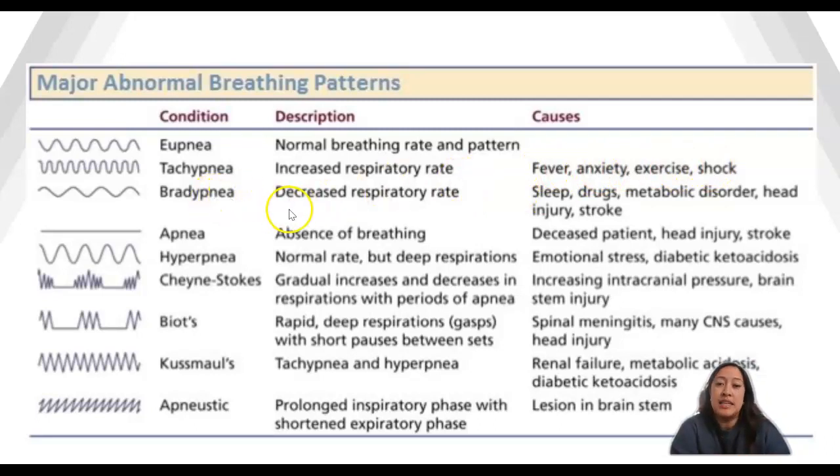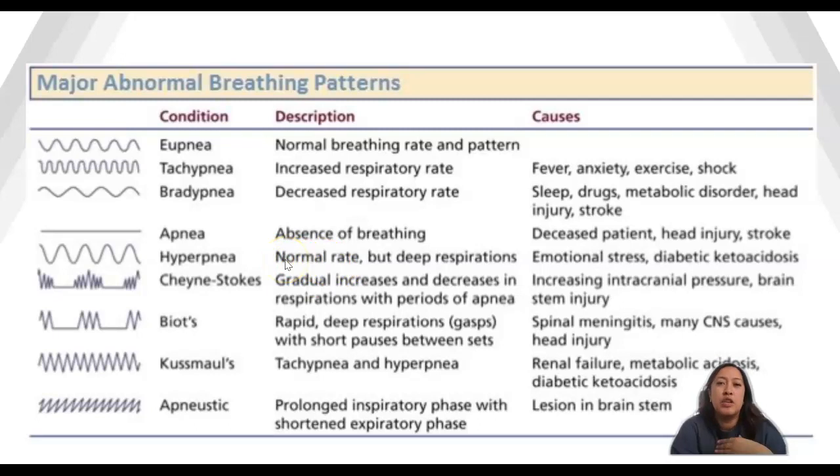Bradypnea, which is a decreased respiratory rate, less than 12, could be caused by a patient sleeping, medications, metabolic disorder, head injury, or stroke. Apnea, remember, is the absence of breathing. Hyperpnea is a normal rate, but they're taking deep respirations.